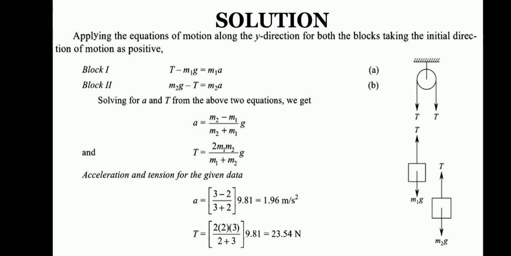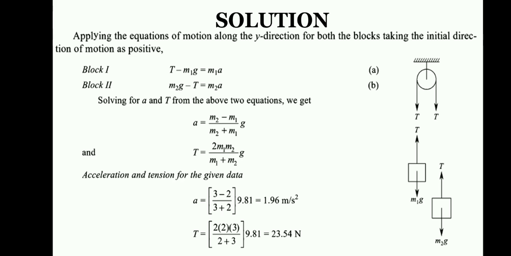Then applying that a value in the first equation, we get the value of tension T as 2 m1 m2 by (m1 plus m2) into g. By solving these two equations, we get the acceleration of the block and the tension in the string.